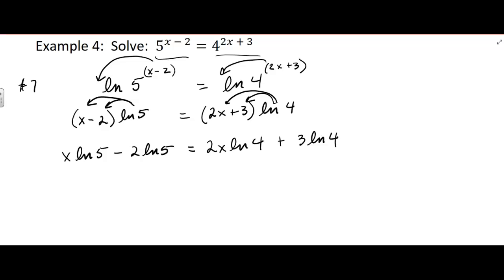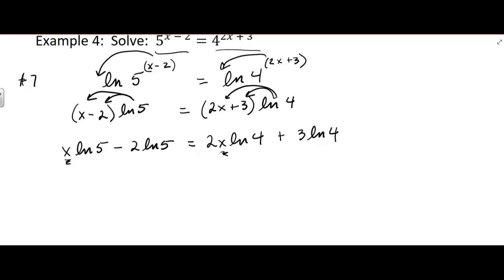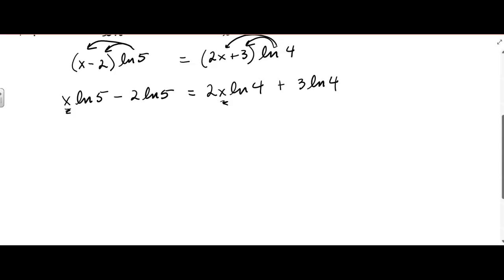Okay. Now, some things are numbers and some things are numeric expressions. Some are variable expressions. So do you see the variable? There's an x there and there's an x there. You got to get those terms on one side and get the other terms that don't have an x on the other side. And we've done that. So I'm going to put my x terms on the left. So I have x natural log 5 minus 2x natural log 4.